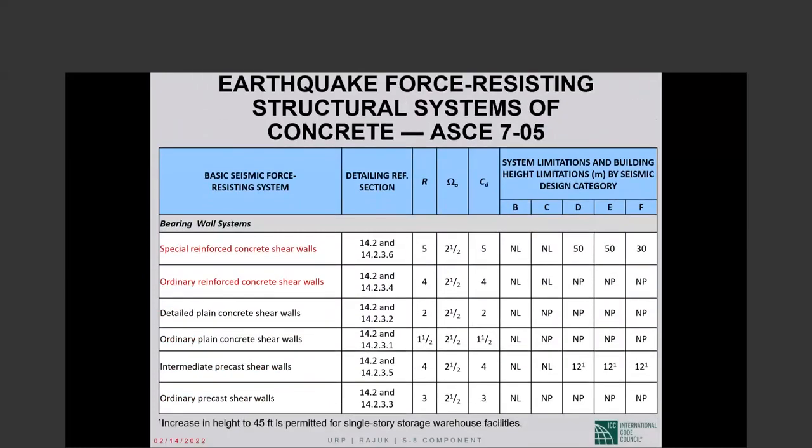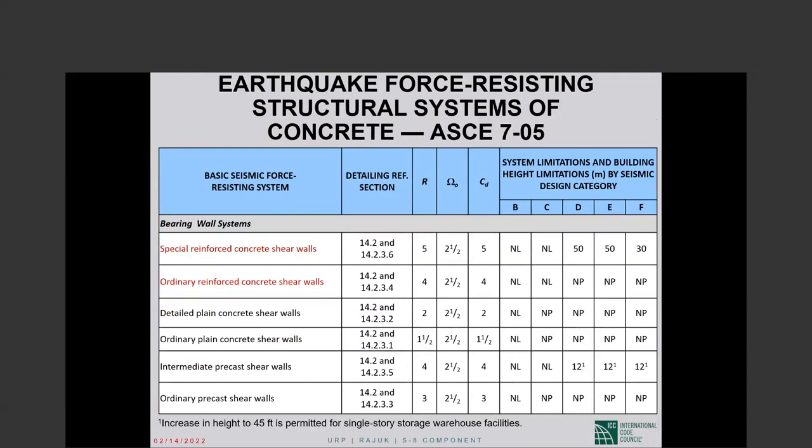Now, when it comes to shear walls, as I pointed out, shear walls can be used as or in bearing wall systems, in building frame systems, in dual systems. And dual systems may be with intermediate moment frames or special moment frames.